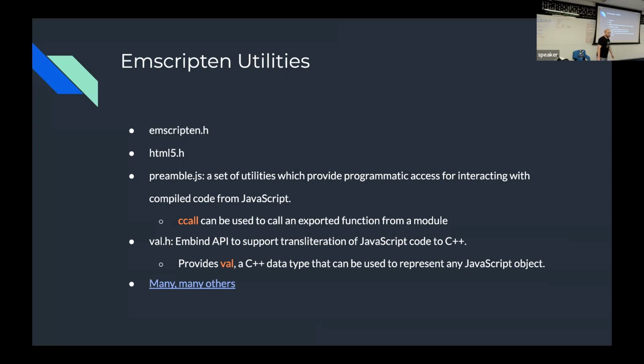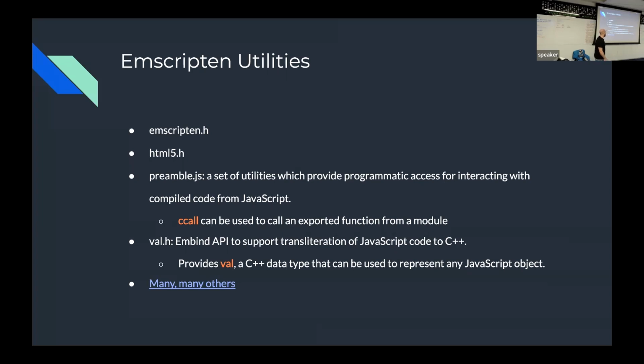Emscripten.h is a header file that has a ton of functionality for using JavaScript and compiler directives and all sorts of things inside of your C++ code itself. HTML5.h, same kind of thing, but for HTML functionality. I have never used that in my life, but it's there.